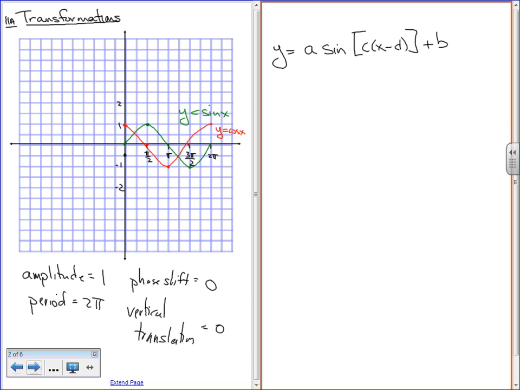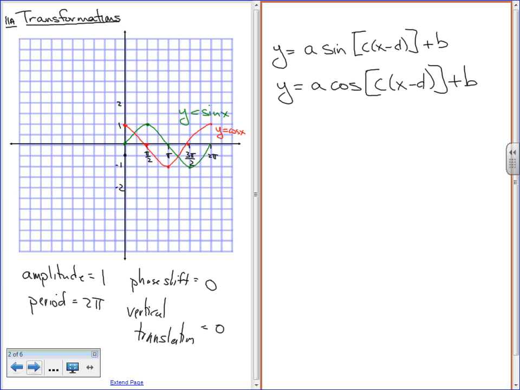The A, B, C, and D values, they all transform the function, put them through reflections, compressions, reflections, move things to the left, move things to the right, move things up, and move things down. So we are just going to be transforming the sine curve and the cosine curve. Okay. But once we put the sine curve and the cosine curve through transformation, that's going to change all of these guys, the amplitude, the period, the phase shift, and the vertical translation.